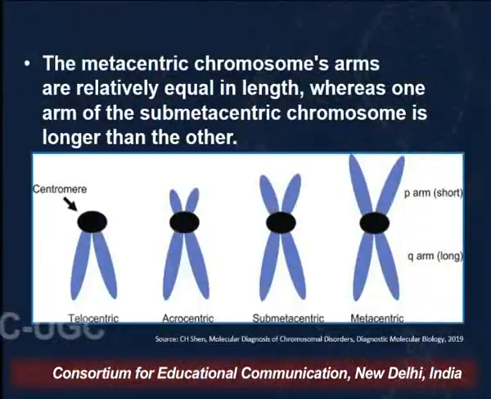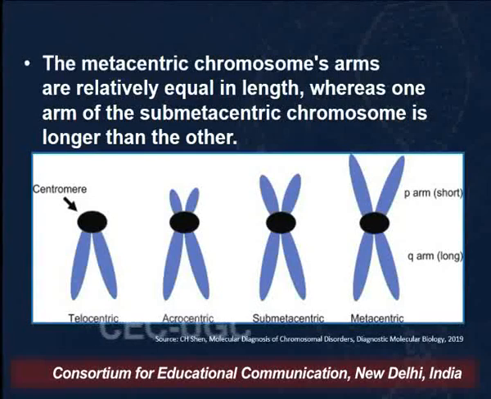Now, if we see the image over here, this figure shows the metacentric, submetacentric, acrocentric and telocentric chromosomes. The metacentric chromosomes have two arms which are equal in size, while the submetacentric chromosomes have one arm shorter than the other.